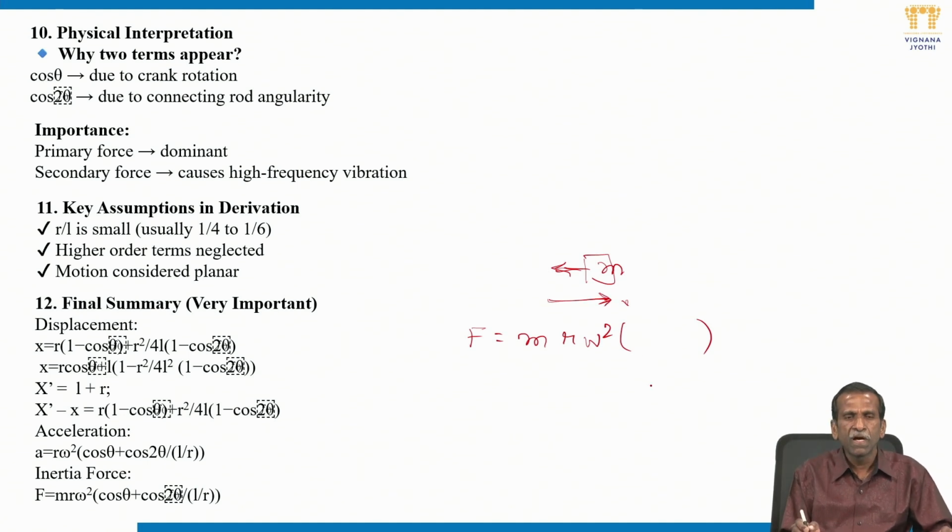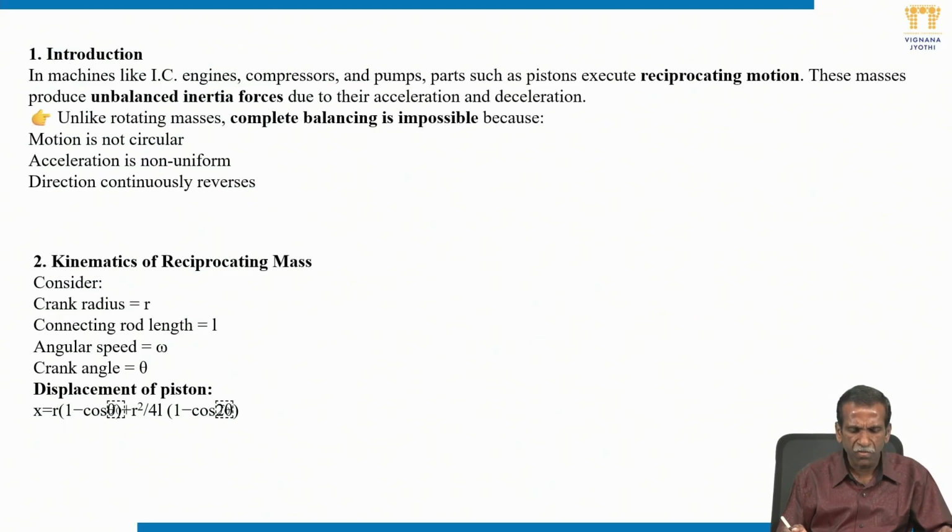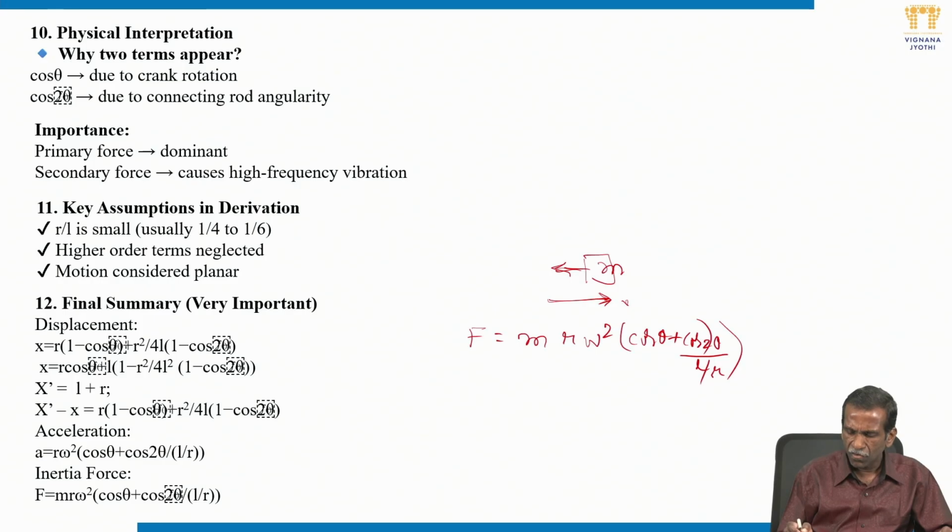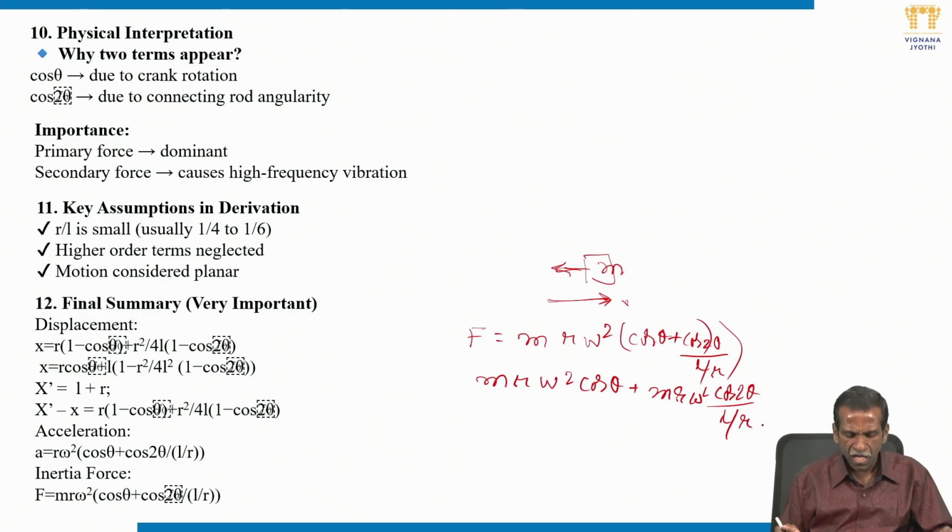So we can write the inertia force as m r omega square into cos theta plus cos 2 theta by L by r. L by r, sometimes we use the notation n. I think you are able to understand: this inertia force consists of two quantities. One is m r omega square cos theta, and the second is m r omega square cos 2 theta by L by r. These are the two inertia forces which need to be balanced.